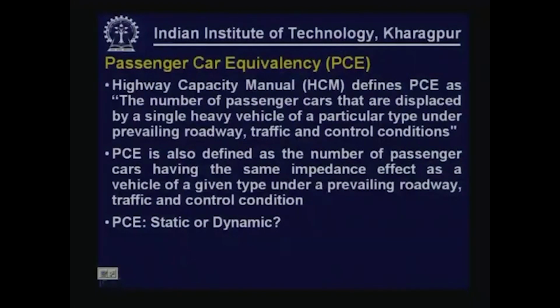In presence of pedestrians, in absence of pedestrians, if you have some parking, some other kinds of encroachment, roadside activity, all these will affect the equivalency. Therefore, PCE is always defined with respect to prevailing roadway, traffic and control conditions. Remember that PCE is influenced by a large number of factors, and we will quickly indicate them also.